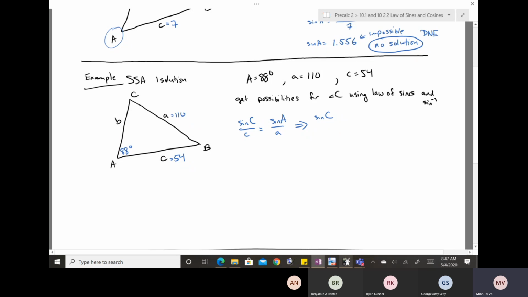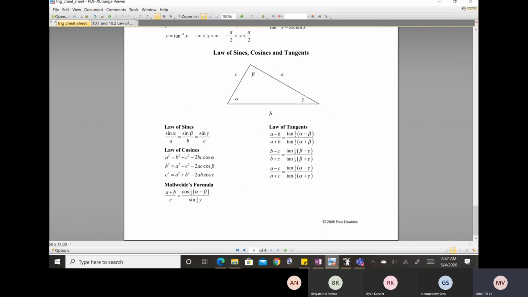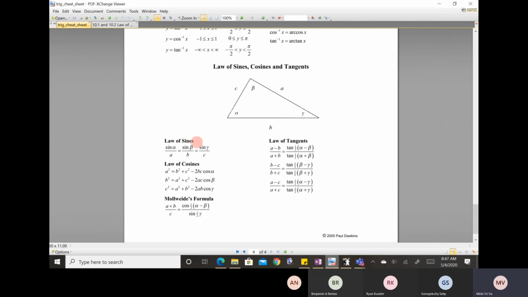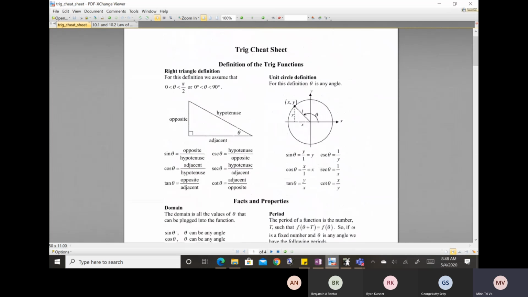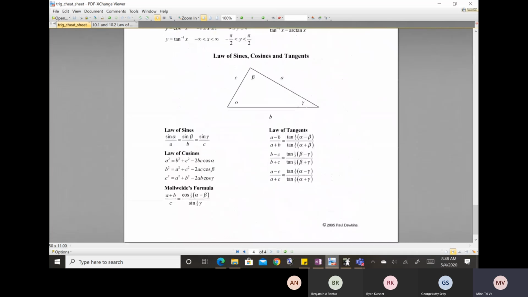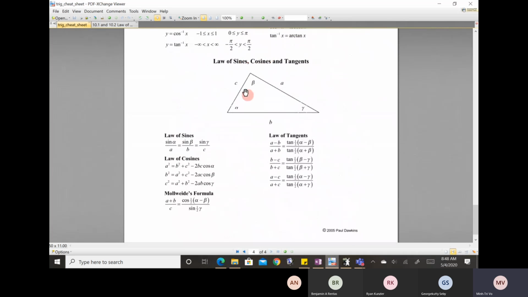Oh, but by the way, if you look at the trig cheat sheet, it has the law of sines and cosines on the very last page. This is the formula sheet that we've been using the entire time. They still have sides A, B, and C, but for the angles they use alpha, beta, and gamma instead of angles A, B, and C, but it's exactly the same.